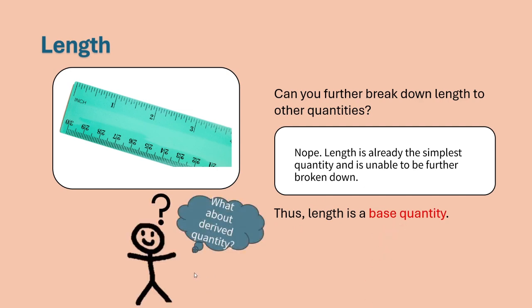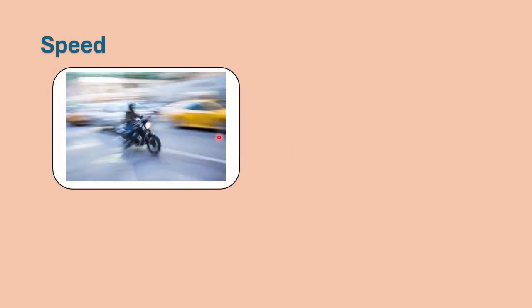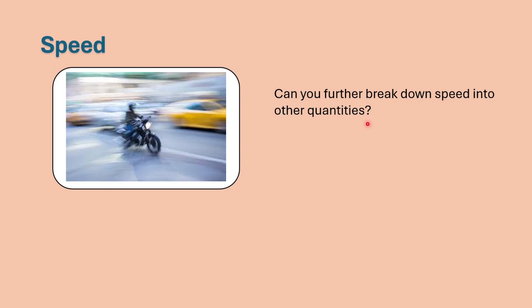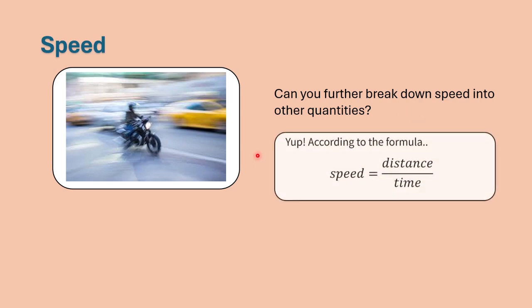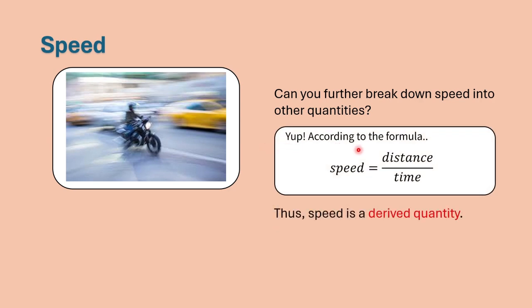Now, you may be thinking, what about derived quantity then? Here's another example. Speed. Can you further break down speed into other quantities? Again, I'll give you some time to think about it. Okay. Yep. According to the formula, speed is actually equal to distance over time. Thus, speed is a derived quantity.